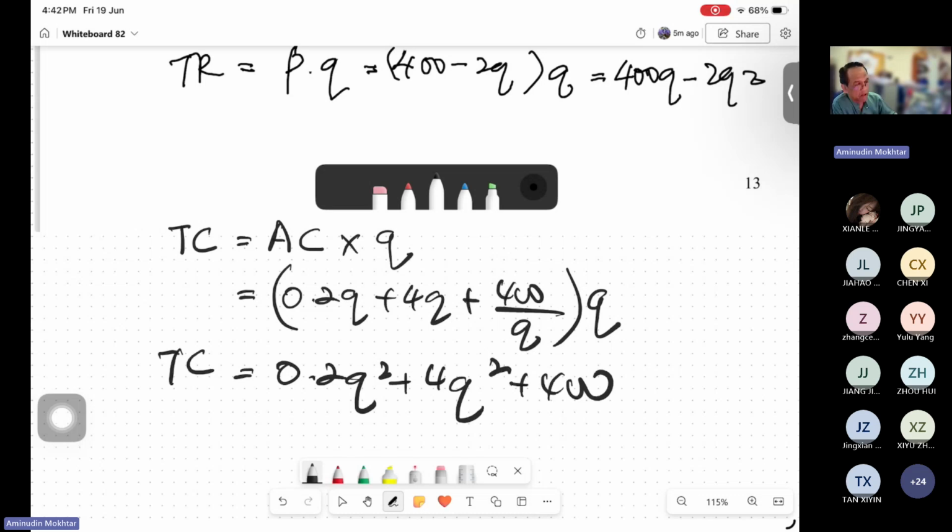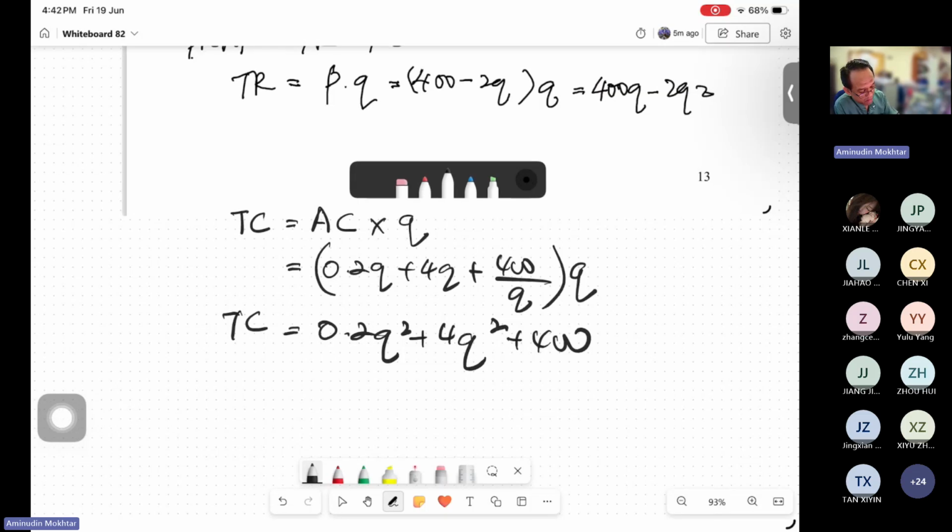This is TC. Therefore, pi equal to TR, 400Q minus 2Q squared, minus TC.